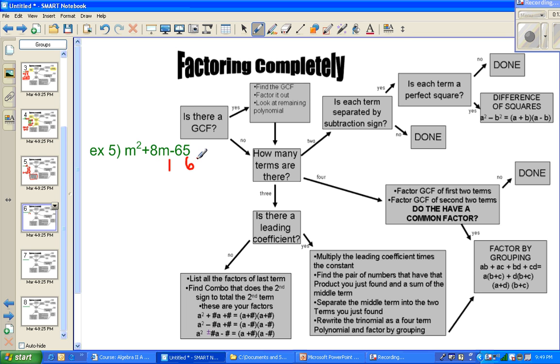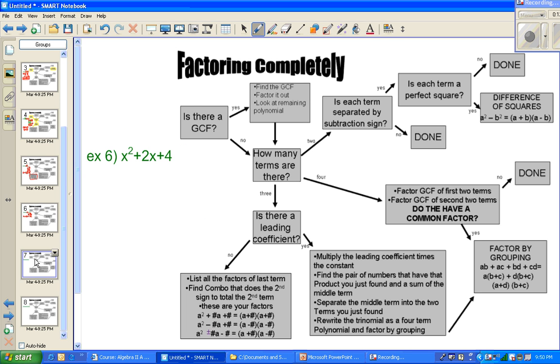So we have the 1 and 65 and the 5 and 13. The combination that subtract to give me the 8 are the 5 and the 13. And we want our larger number to get the positive. So that's going to be m plus 13 and m minus 5.